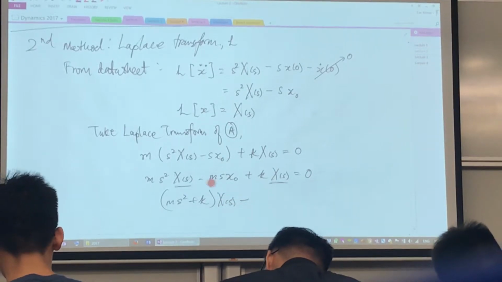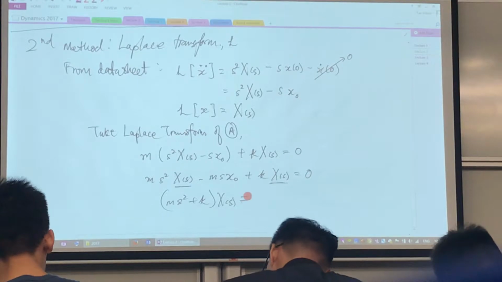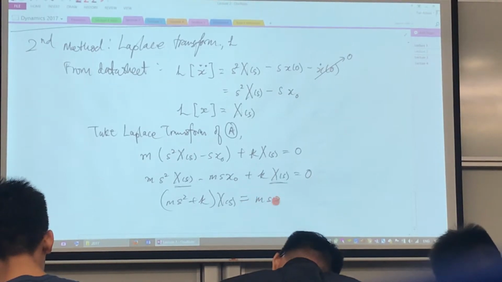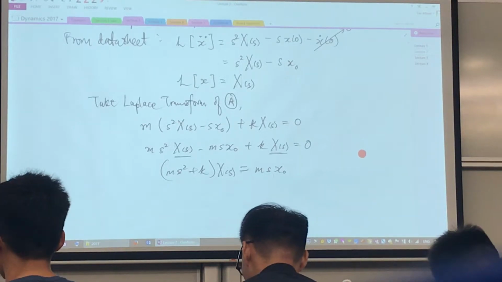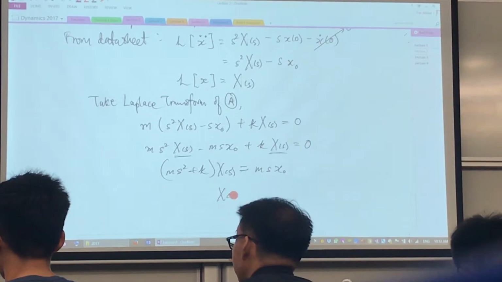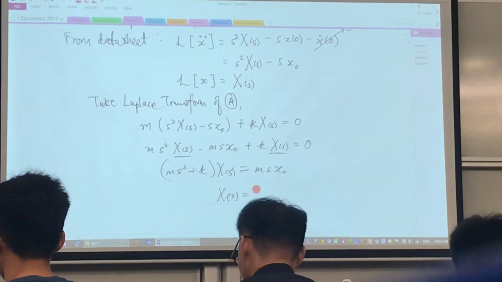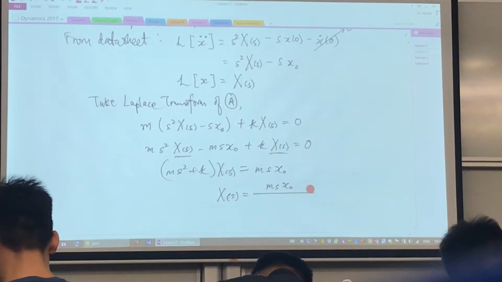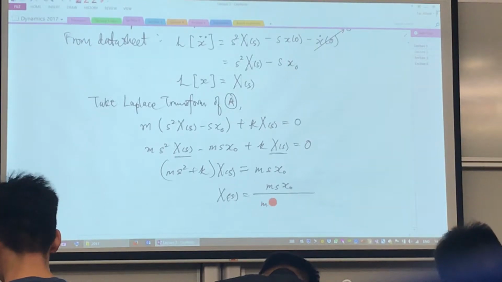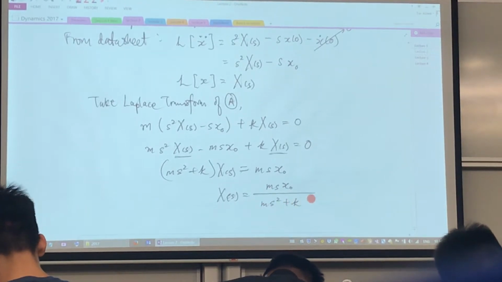I'll bring this term to the right hand side, equal to m s x naught. So I can express capital X(s) as the subject now. That will be equal to m s x naught divided by m s squared plus k.